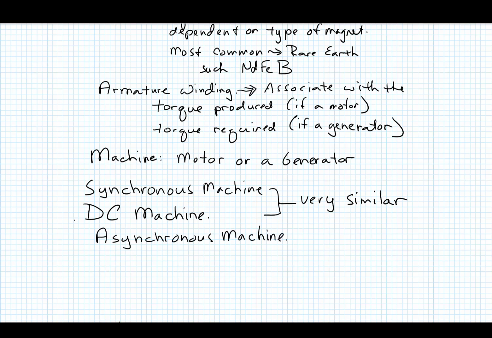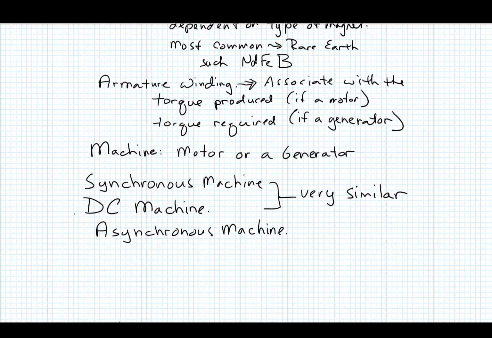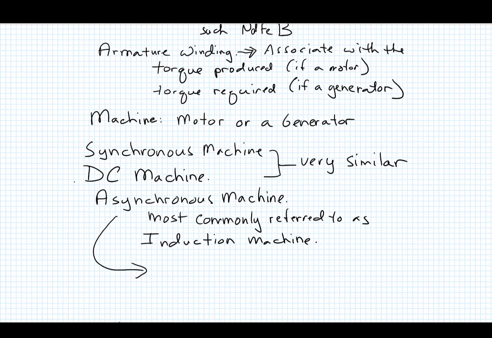Now, an asynchronous machine is most commonly referred to as an induction machine. In this class, we will be focusing only on the induction motor. The induction generator is a very different beast, quite complex, and something that we won't be discussing.